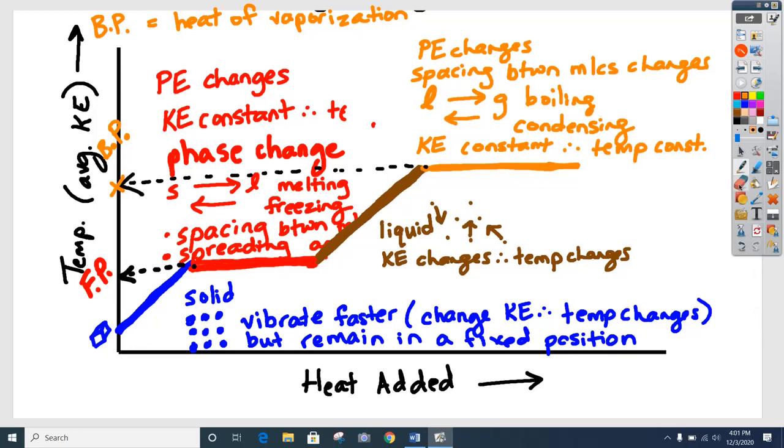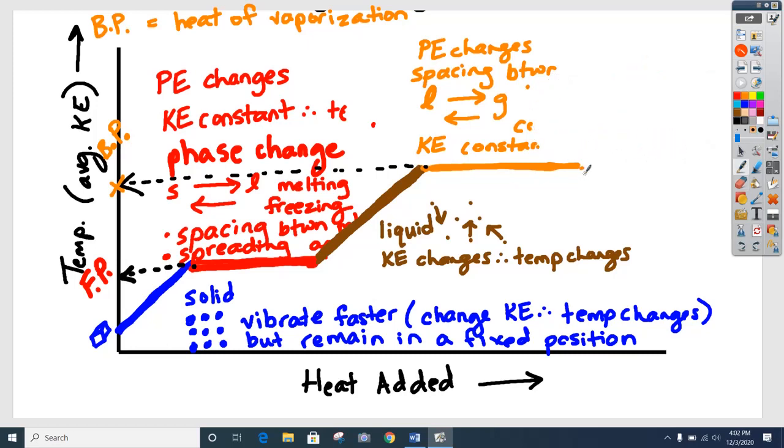Okay, the last bit of your graph, and I'm going to erase a little bit of this so I have a little room to work. Along our last part of our graph, we're going to once again see that straight line with a positive slope. Along this part of the graph, the substance will exist as a gas.